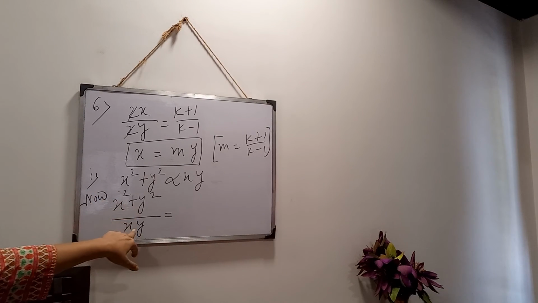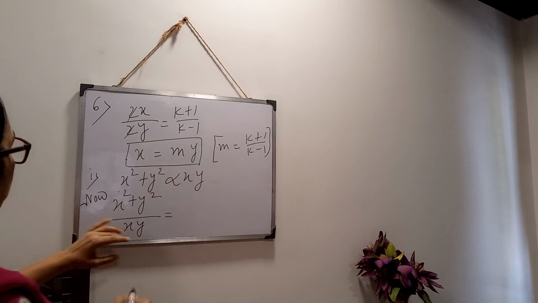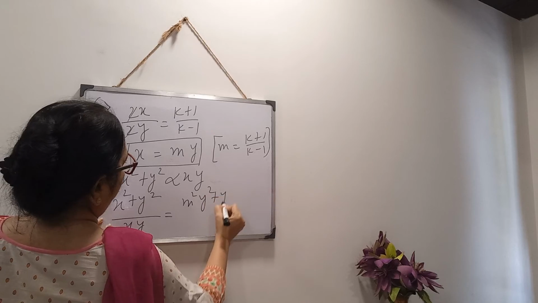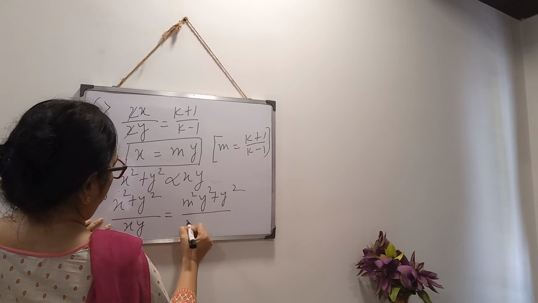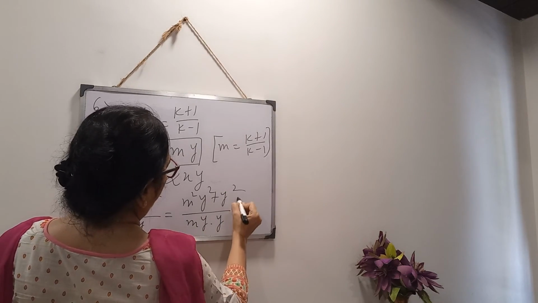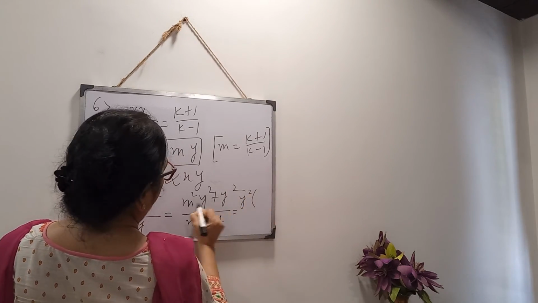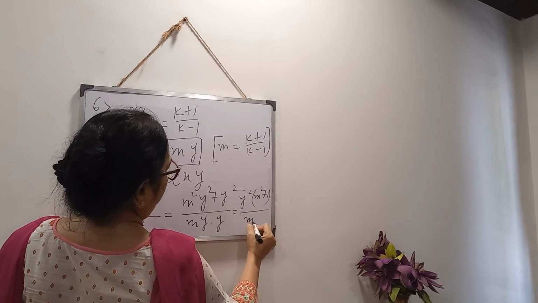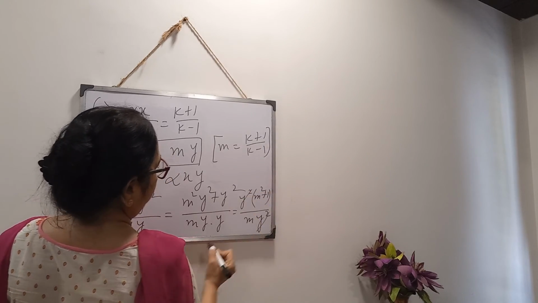Now x square plus y square by xy. x means m into y. So m square y square plus y square, and m into y into y. Here y square you can take common, m square plus 1, and m into y square cancels out.